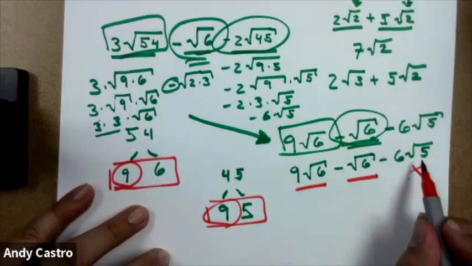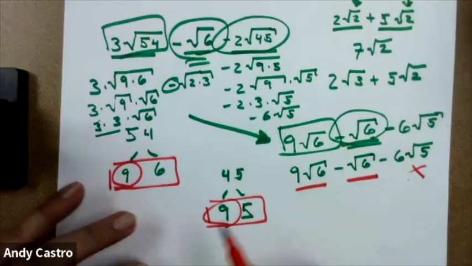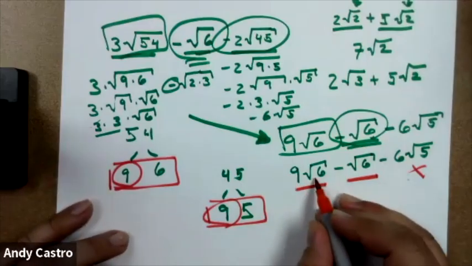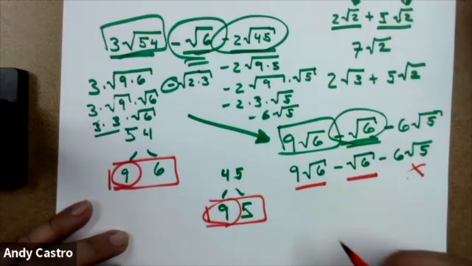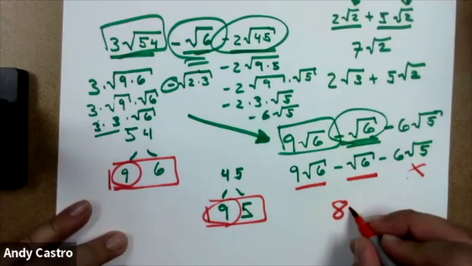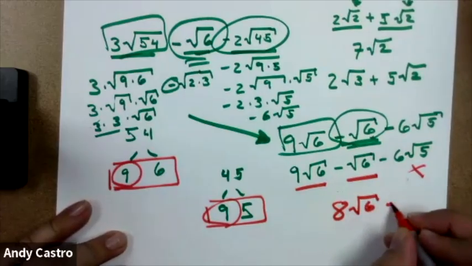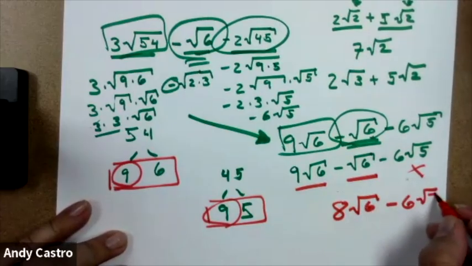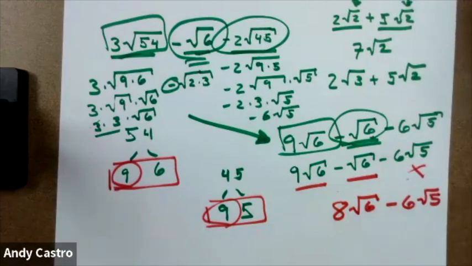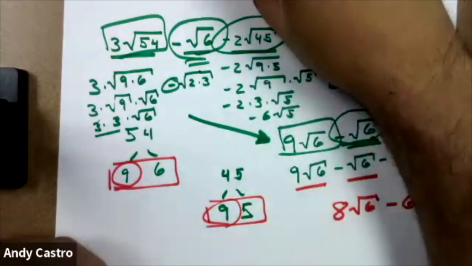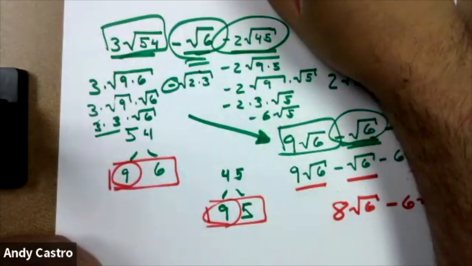So I can't combine it with this. This will just have to be left alone. So 9 root 6 minus root 6 leaves me with 8 root 6 minus 6 times the root 5. And that is my final answer. Let me double check that with my notes. Very good.